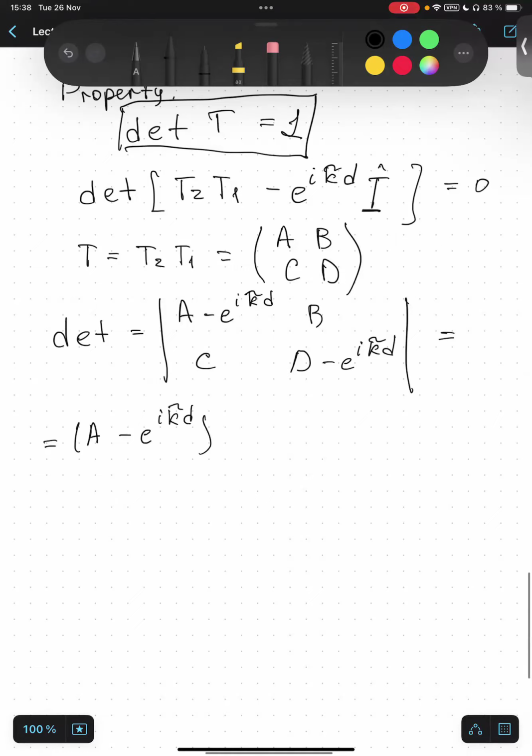A minus e to the i k d, D minus e to the i k d, minus BC. We can expand it further.